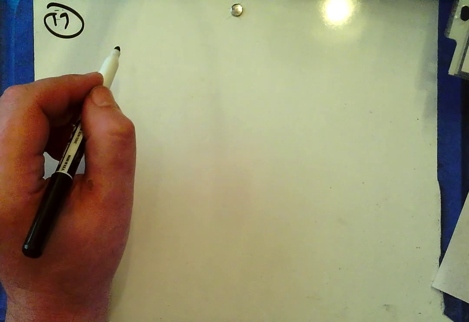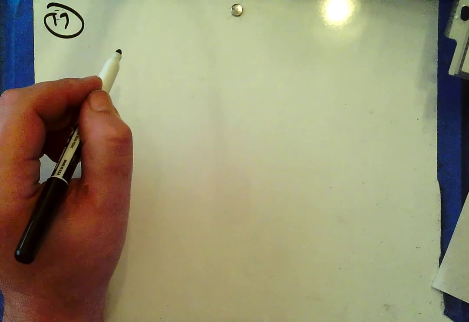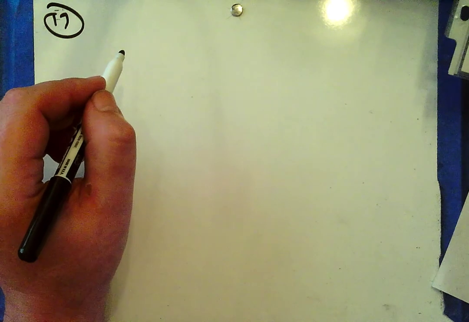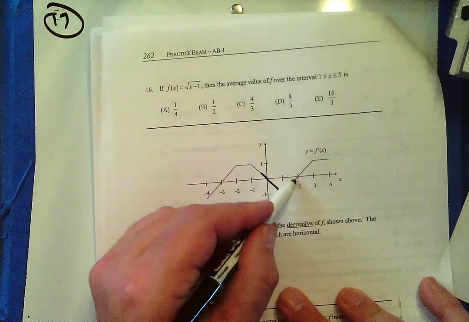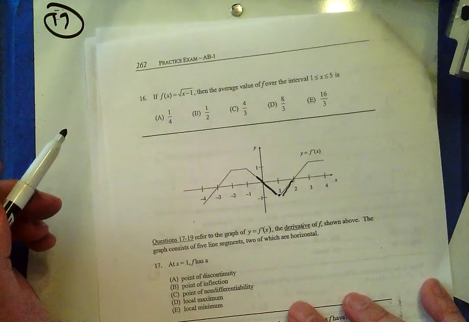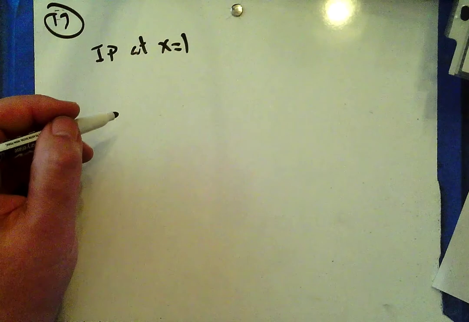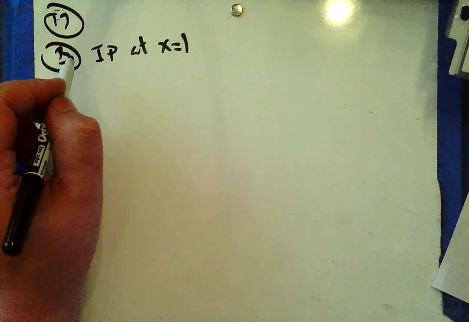At x equals 1, I see f prime goes from decreasing to increasing, and that means that I have an inflection point at x equals 1. And that's choice B for number 17.